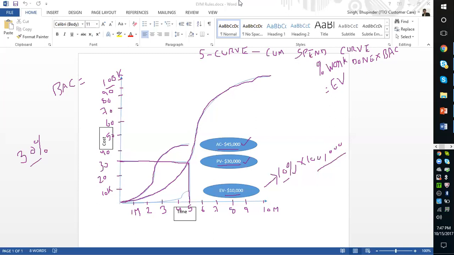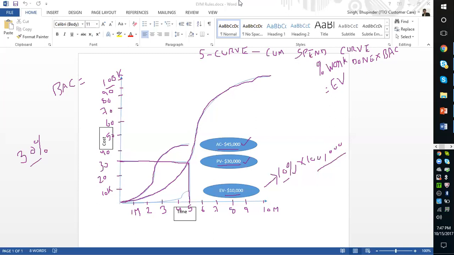So you're interested in the future as well. These are two things that you want to understand. Present and future. What do you want to find out for the present and future? You want to find out, are you on budget? And are you on track to complete the project on time? You want to find out the cost and schedule. Similarly, for the future as well, you want to find out the cost and schedule, right?